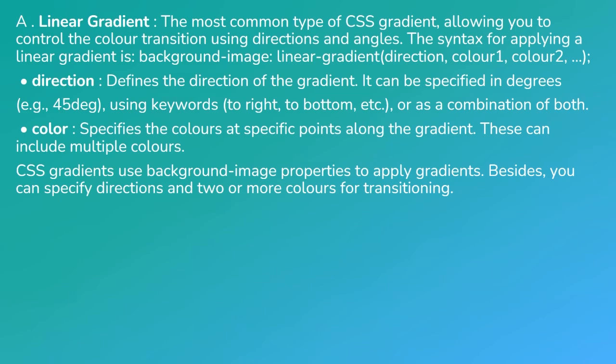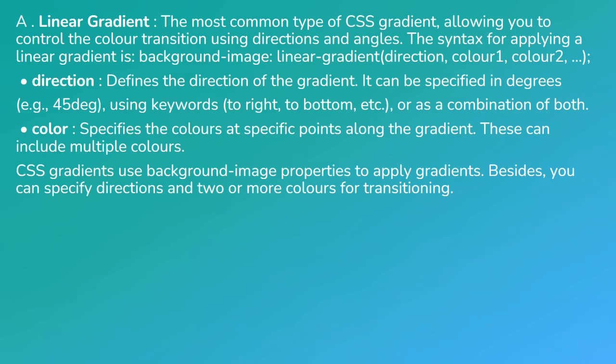directions and angles. The syntax for applying a linear gradient is background-image: linear-gradient(direction, color1, color2, ...). Direction defines the direction of the gradient. It can be specified in degrees, for example 45deg, using keywords like to right, to bottom, etc., or as a combination of both.